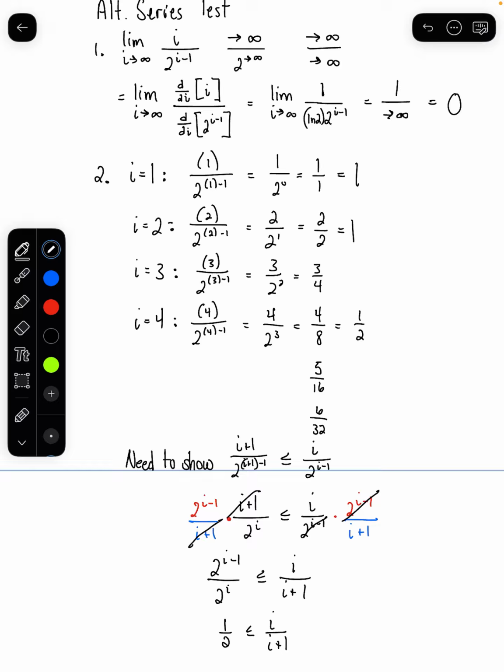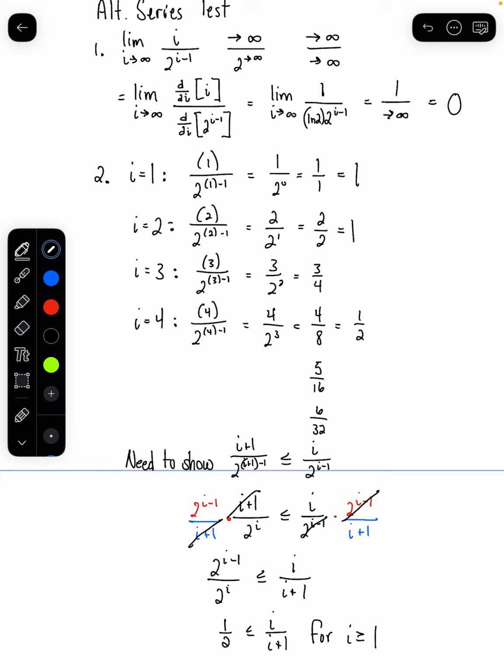When I is 2, the right side is 2 over 3. When I is 3, the right side is 3 over 4. All of these things are actually bigger than 1/2 or equal to it. So from the very beginning, this is a true statement.